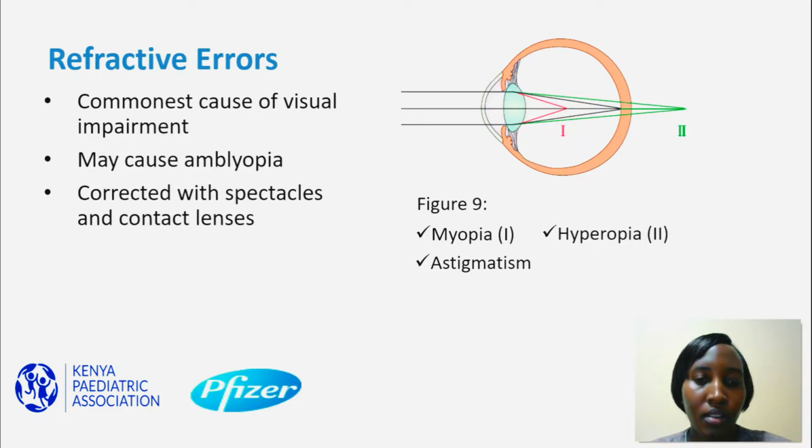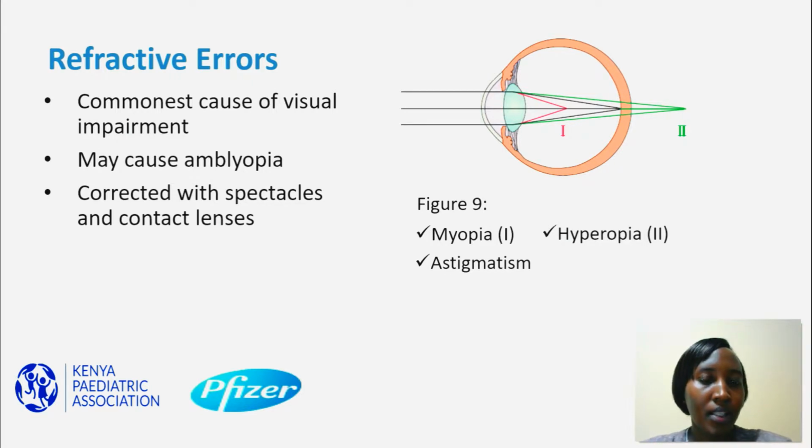The other refractive status is hyperopia, as shown in number 2. In this case, the rays are focused behind the retina, and the third refractive status is astigmatism, which can either occur alone or in combination with myopia or hyperopia.